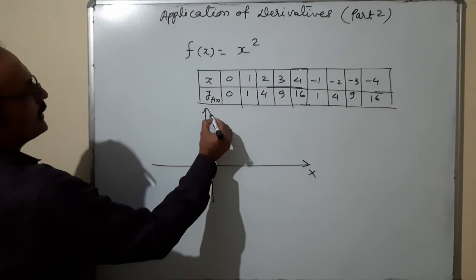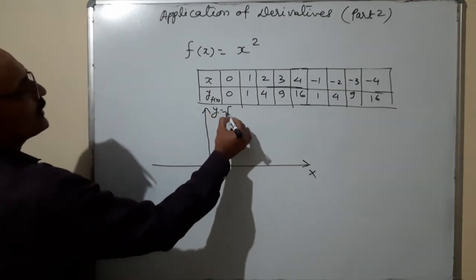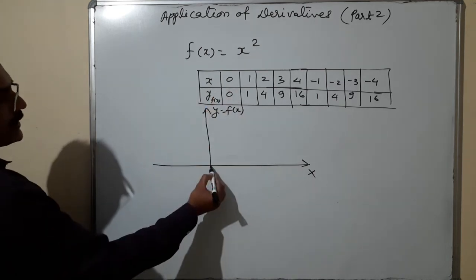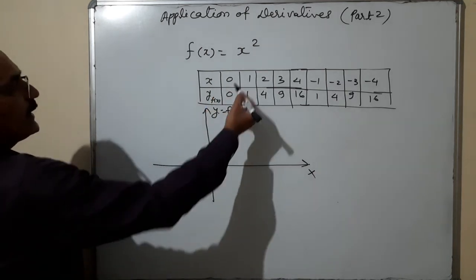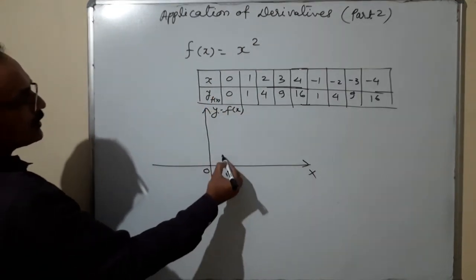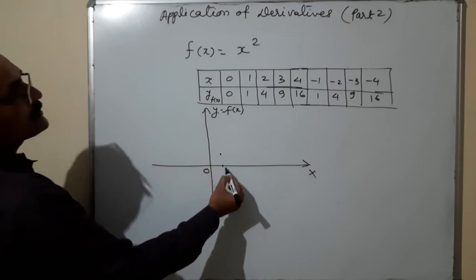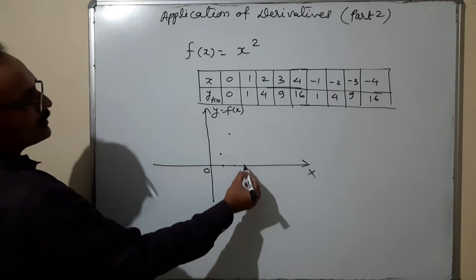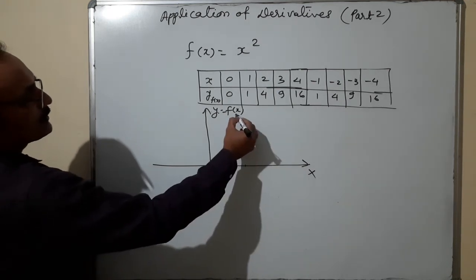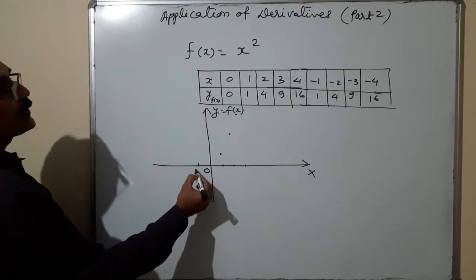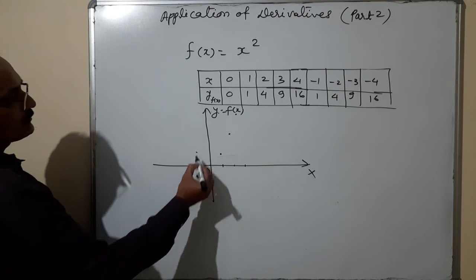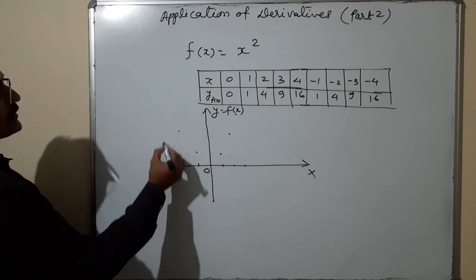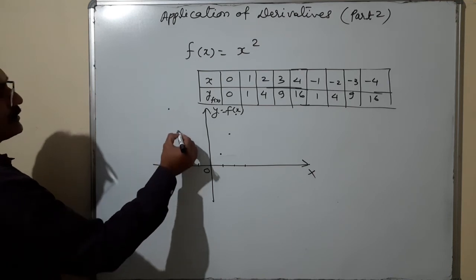x, it is y, or f of x. x is 0, y is 0; x is equal to 1, then y is equal to 1; x is equal to 2, y is equal to 4; x is equal to 3, y is equal to 9. Minus 1, it is 1; minus 2, 4; minus 3, plus 9.